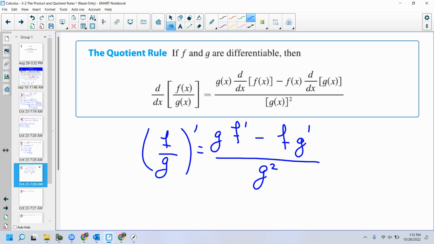Now, is subtraction or division commutative? No. So be careful. It has to go in this order. I guess you could change around the, like, if you want to do f prime g right here, okay, whatever. If you want to do g prime, okay, whatever. That's fine. But you cannot change the order. The g prime always must come in the second term up top.